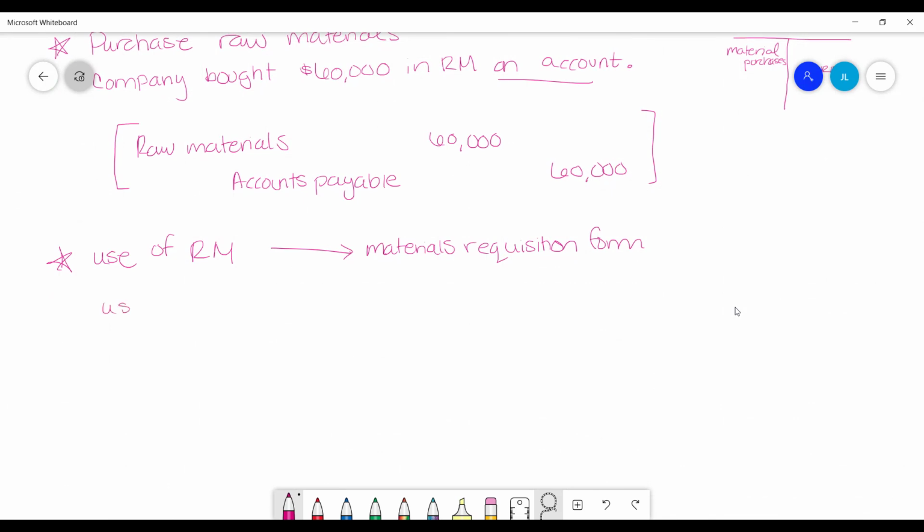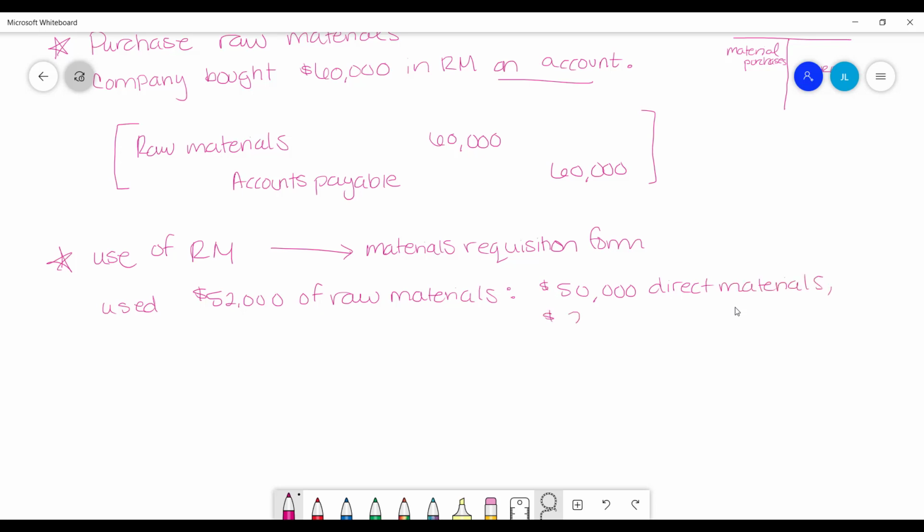But let's assume that the company used $52,000 of raw materials. And let's assume that $50,000 of it is used for direct materials.